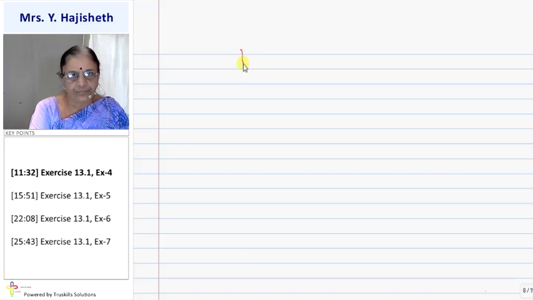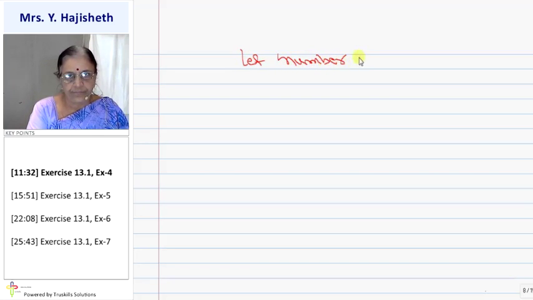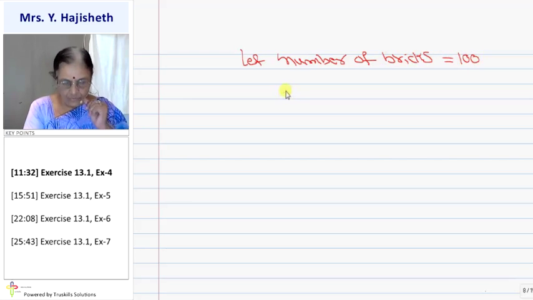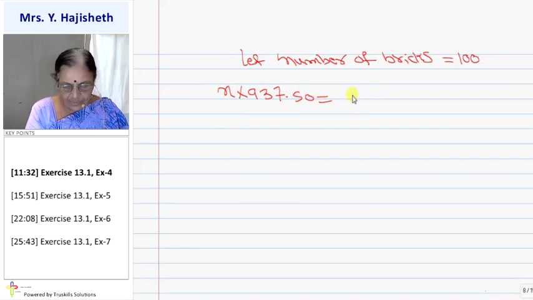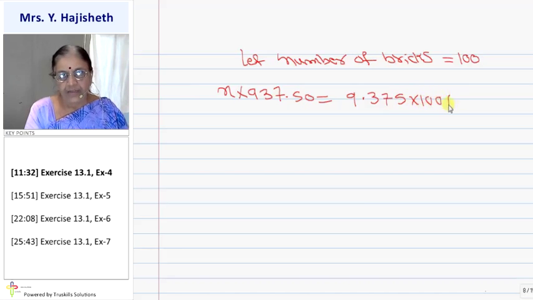Let number of bricks be n. So, n into 937.50 is equal to 9.375 into 100 into 100, because this is in meter square.